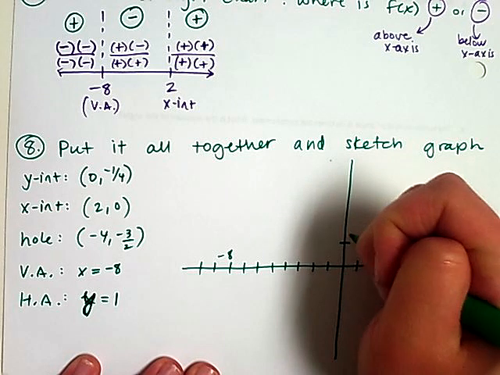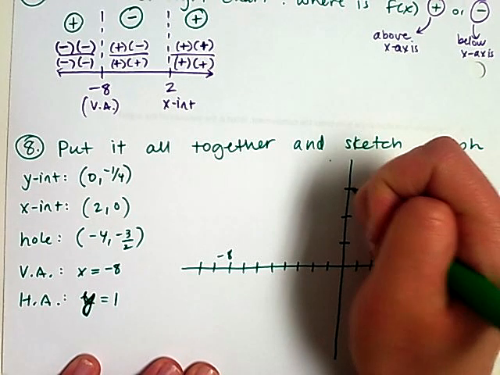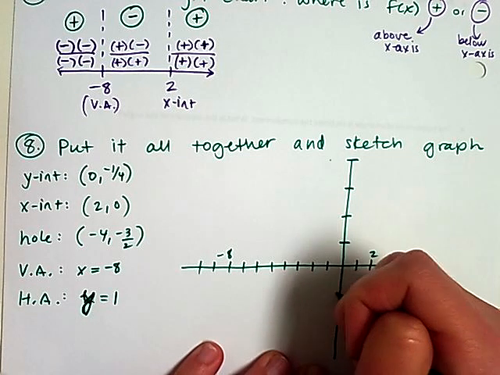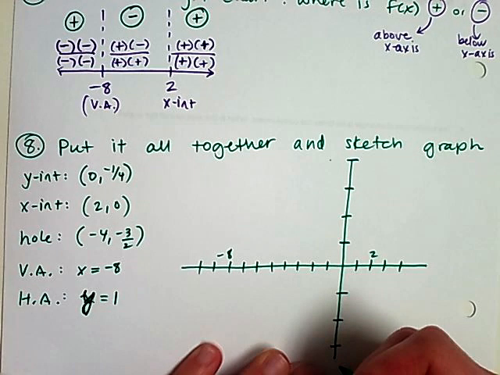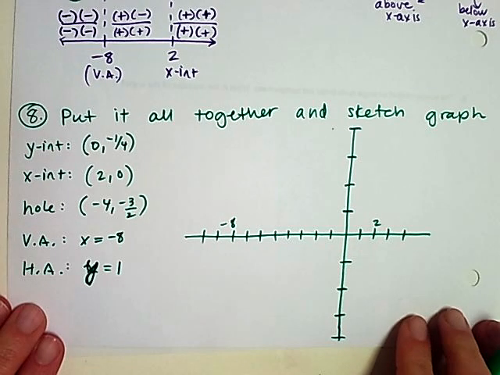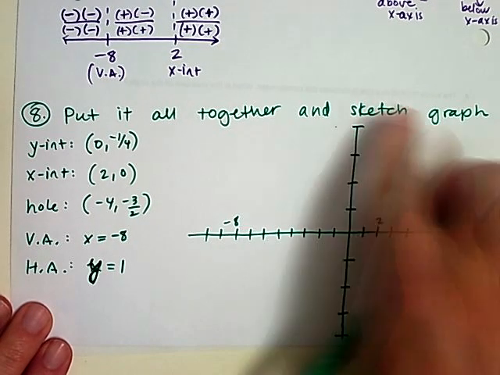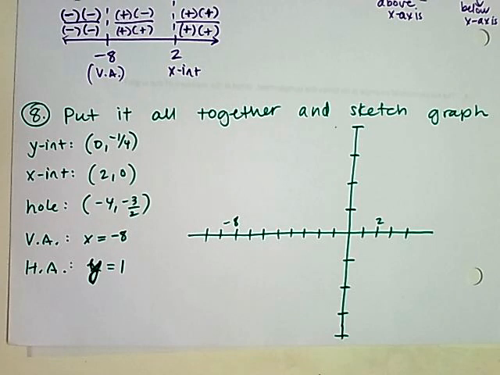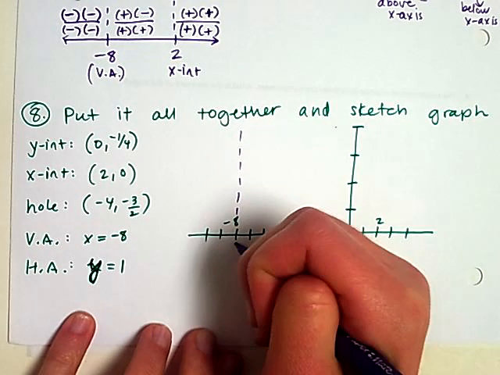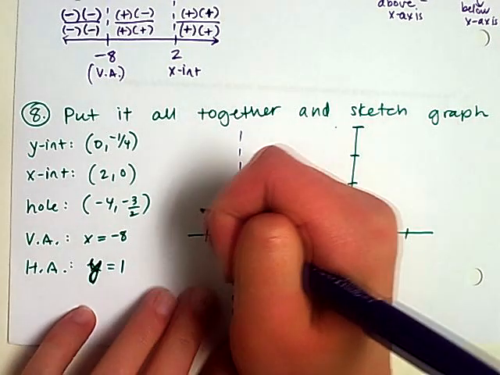So maybe I'll count by something a little less there. So I've set up my X and Y axes with the values that I need. Now I'm going to sketch in a vertical and horizontal dashed line for my vertical and horizontal asymptotes. And that's going to help me visualize where I can't cross.